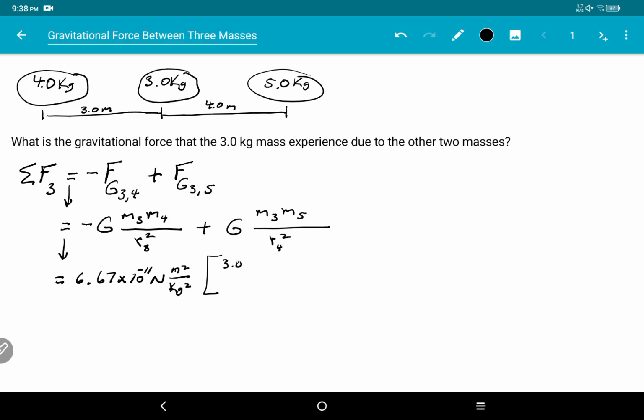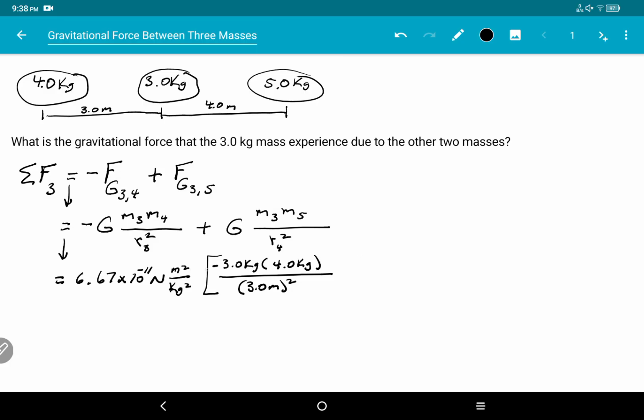So 3.0 kilograms times 4.0 kilograms, all over 3.0 meters squared. And if you ever have different distances, make sure you convert them to meters, and make sure you convert the mass to kilograms.